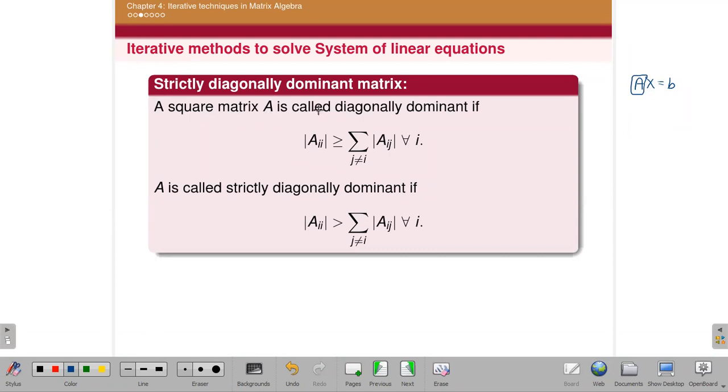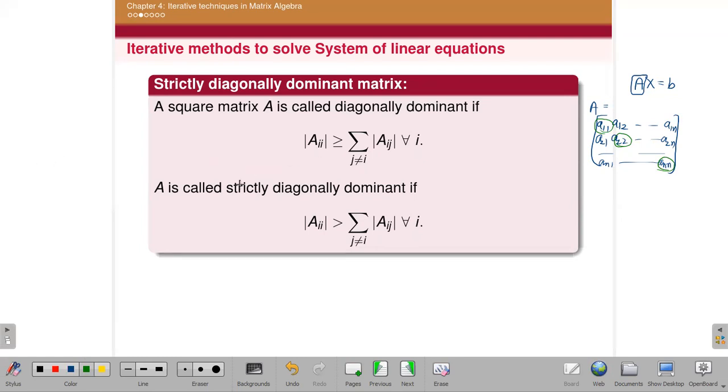So a square matrix A is called diagonally dominant if a_ii, these are the diagonal elements. Suppose I'm taking matrix A: a11, a12, a1n, a21, a22, a2n, an1, ann. So these are the diagonal elements. And what is the condition?